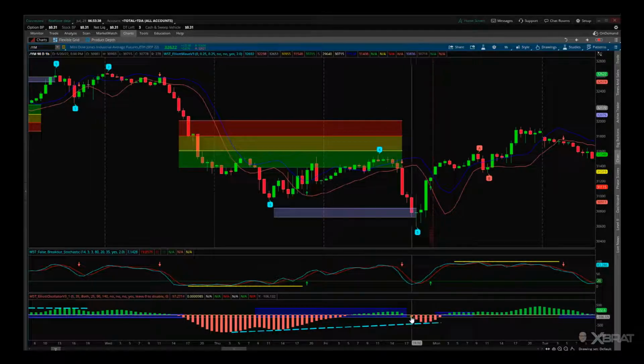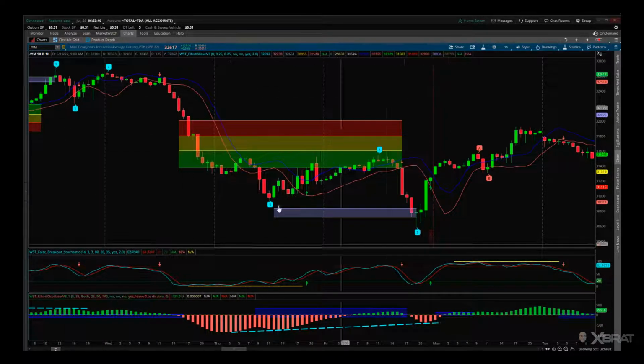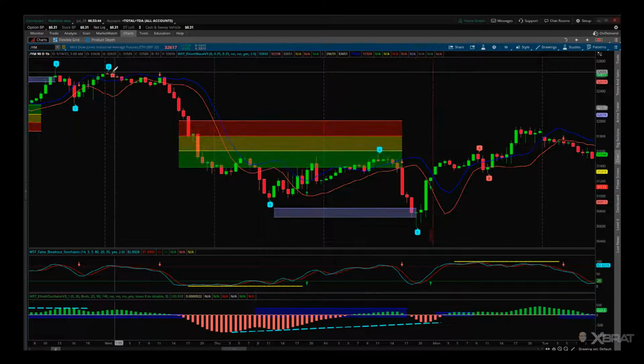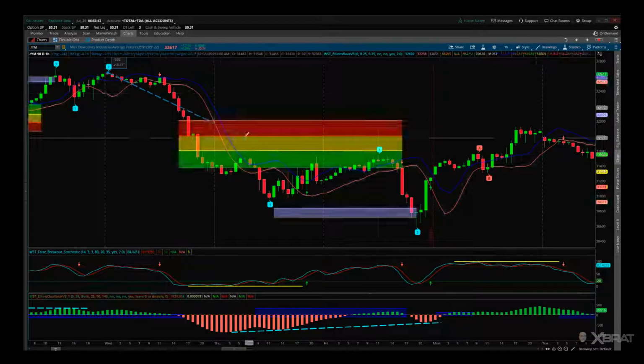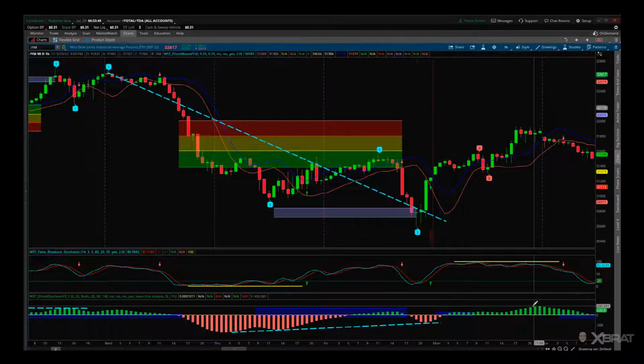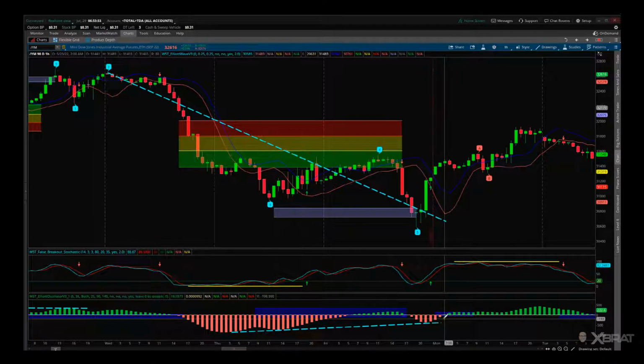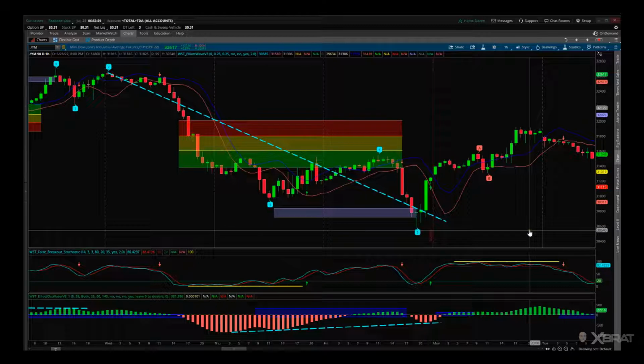So we've got oscillator divergence. So in effect, if I draw a line on the chart here, we can see that we are moving down. The oscillator is moving up. We've got divergence. They're not moving in the same direction. This is a good sign for a trend reversal.